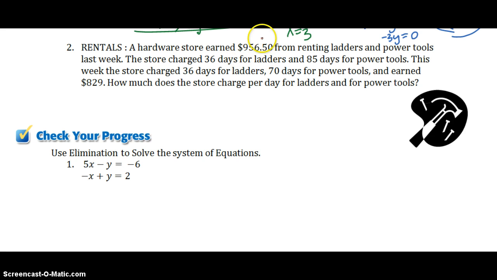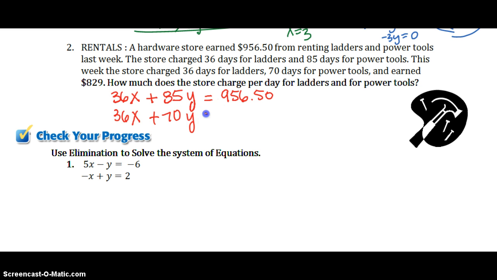So this must be they collected the money from the 36 days that they had rented the ladder, and 85 days they rented the power tools, and that gave them a total collection of $956.50. Then the other scenario was 36 days for ladders and 70 days for power tools, and the collection over that period of time was $829.